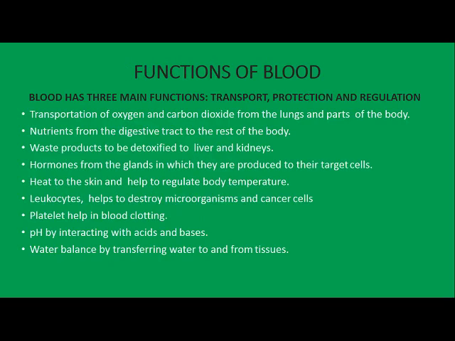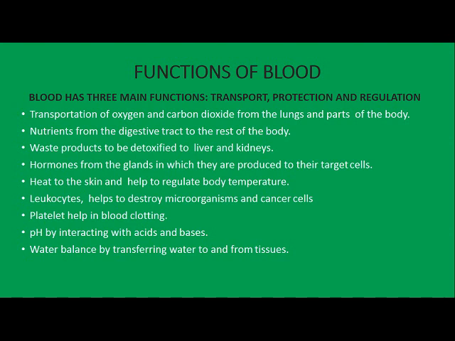Children, what are some of the main functions of blood? When we study the different functions of blood, we understand that we can very broadly classify all its functions into three categories: transport, protection, and regulation. So blood helps in the transportation of oxygen and carbon dioxide between the lungs and different parts of the body. In the same way, it helps in the transportation of nutrients from the digestive tract to different parts of the body.